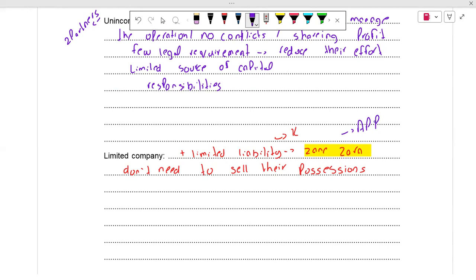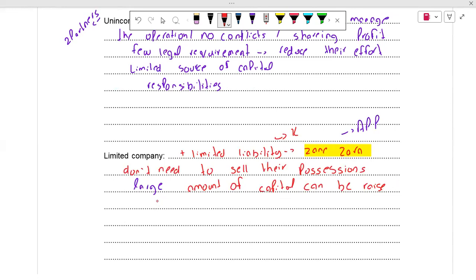And another thing, they can sell shares to raise capital to set up the theater, to family and friends, so a large amount of capital can be raised. This is also one more important thing. Okay.